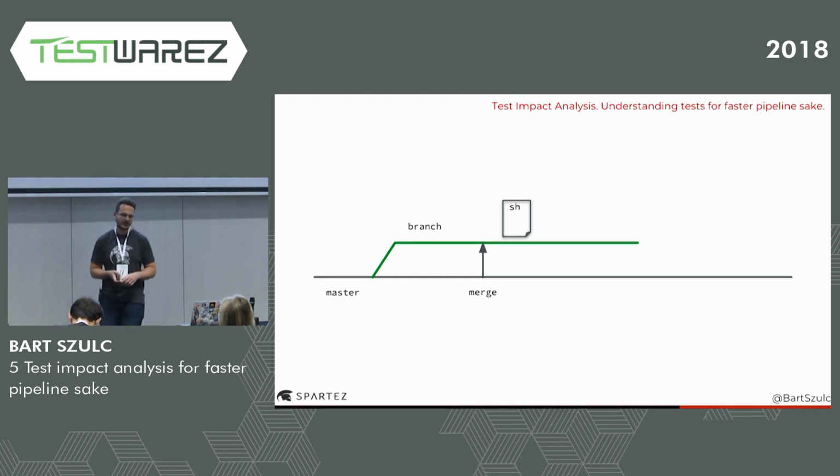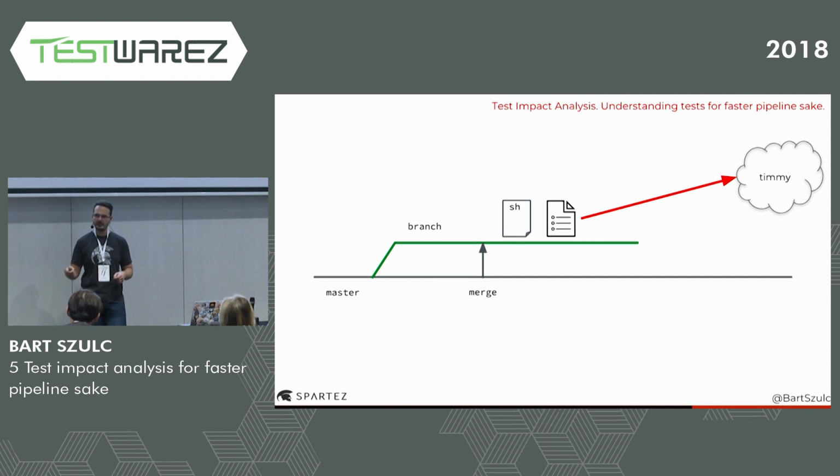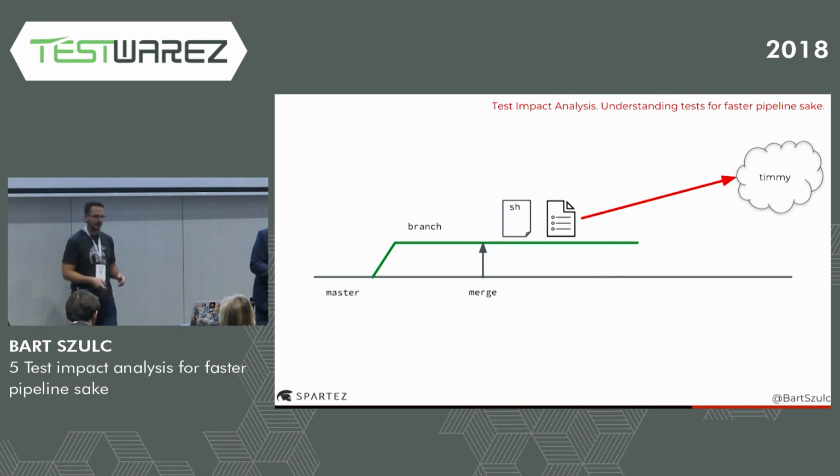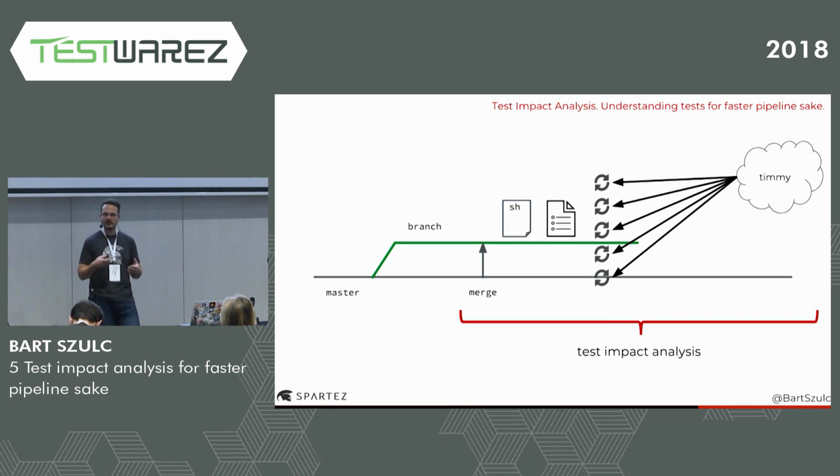Were some files updated, etc.? And once we have a list of files that changed, we send that list to TIMI, to the test impact map service, for it to find all the tests that need to be run for given files. And it basically returns all the tests with their types, and we are running only those tests on branch, right?